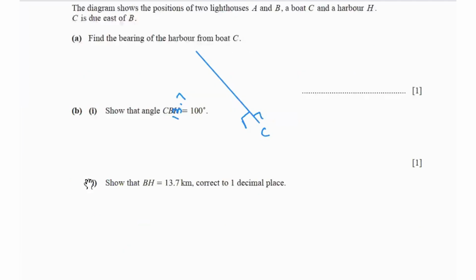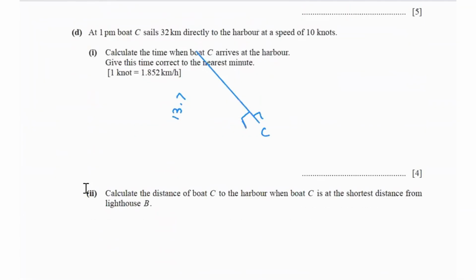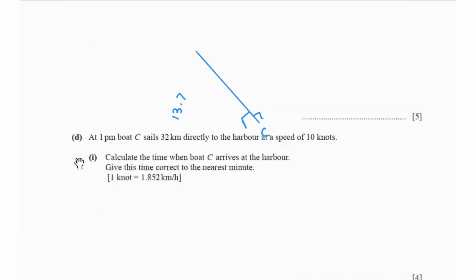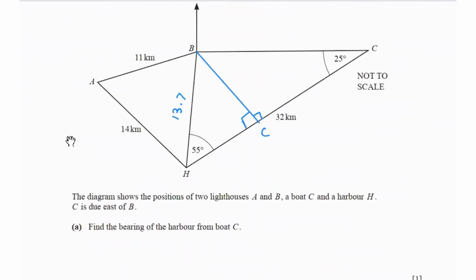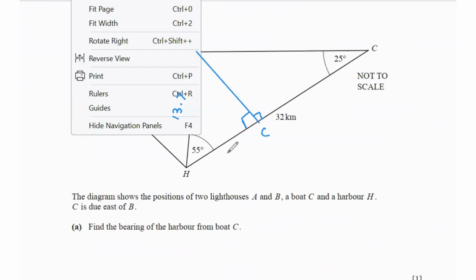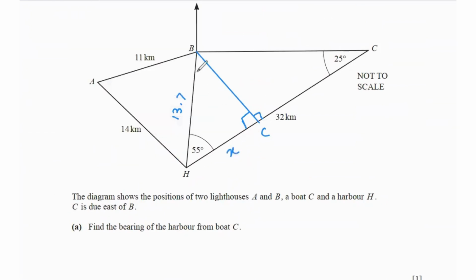Wait, sorry, 1 second. We have to calculate the distance of boat C to the harbor when boat C is the shortest distance from lighthouse B. Yeah, so we need to find this length. This is the unknown length, CH. So we have the hypotenuse, we have the angle, CH is the adjacent, so we'll use cos 55 equals CH or X over 13.7.